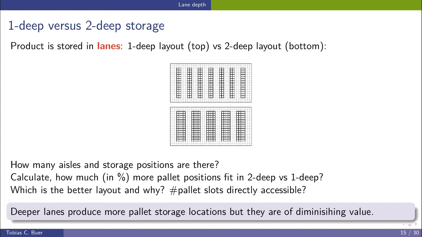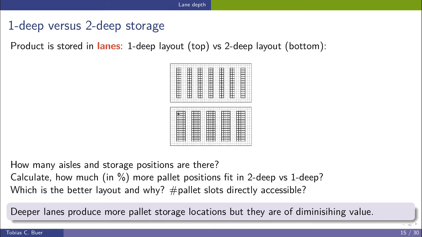And when we access it from the right side, we can also remove 2 pallets in a row. So we count the depth of a lane as the first position and the second position. This is not a 4 deep lane, this is only a 2 deep lane, because we can access from the left and we can access from the right.